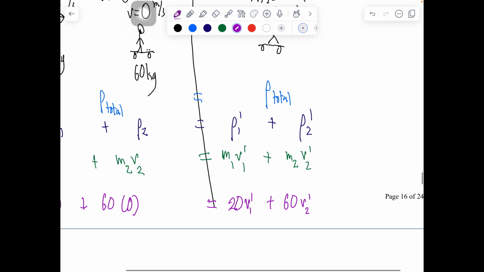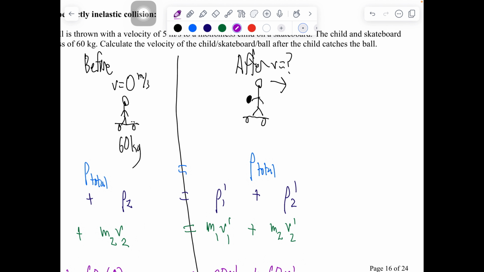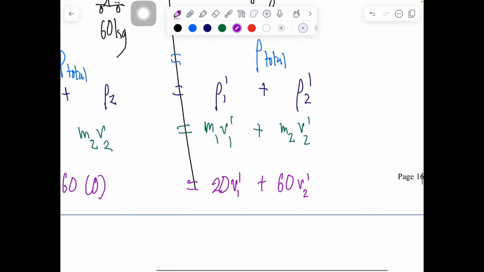So we don't really have two separate velocities here. The velocity of the ball and the velocity of the person and skateboard after they catch it are going to be the same. Instead of writing these as different velocities, we can group them. We can say these are really both just our velocity v.